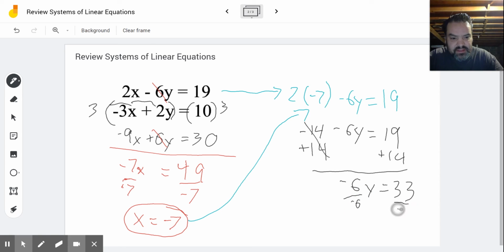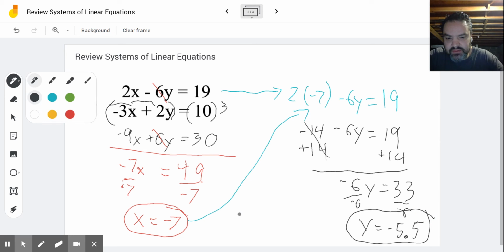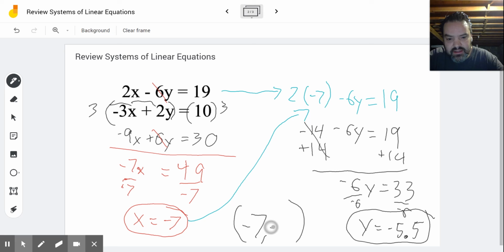Divide both sides by -6, and y is going to equal -5.5. So I have my x, I have my y, therefore I have my solution. And the final form that I'm going to write it in is as an ordered pair. I get -7 for the x value and -5.5 for my y value. This ordered pair is a solution to both of those equations.